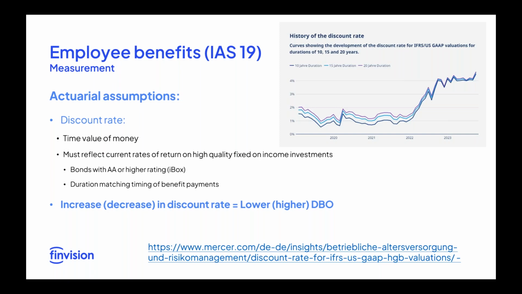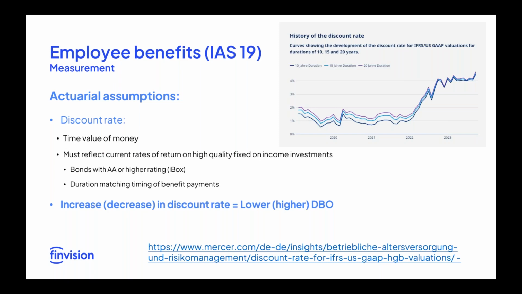Which is good news for the liability, because the higher the discount rate, the lower the defined benefit obligation, which makes sense because we are discounting future payments at a higher rate. So the net present value is lower than if you would use a lower discount rate. So certainly for this year, 2023, you will see that the DBO, the defined benefit obligation, will decrease.